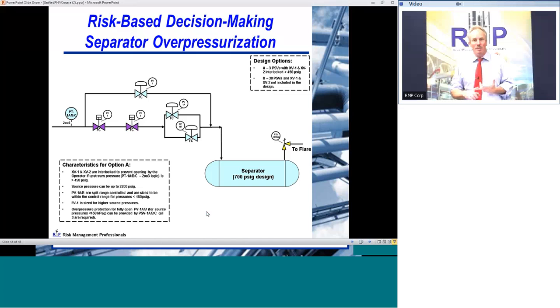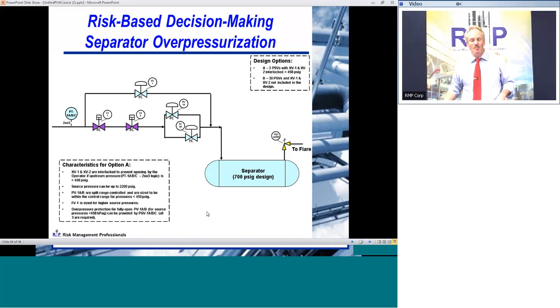The designer often can't make that decision alone. But if you use the HAZOP to do the job you're going to have to do eventually anyhow, lay out the scenarios, and then use LOPA to look at the failure probabilities associated with those different design options, you can provide the designer with enough information early in the design process to make it work properly.